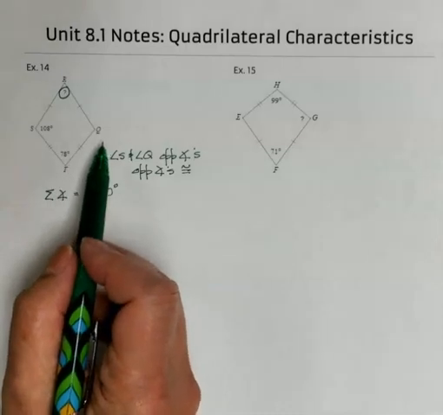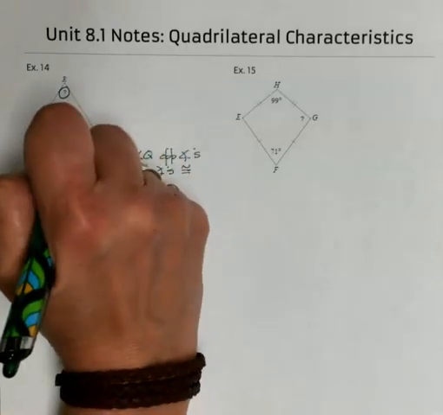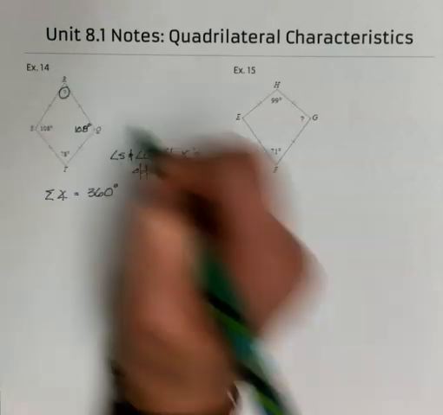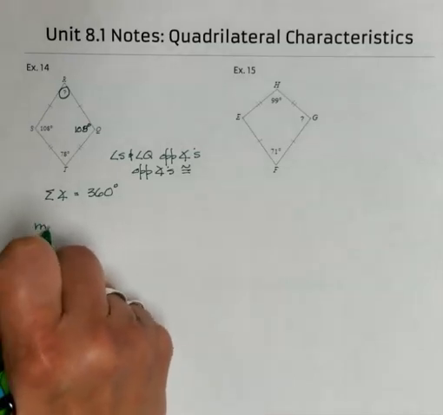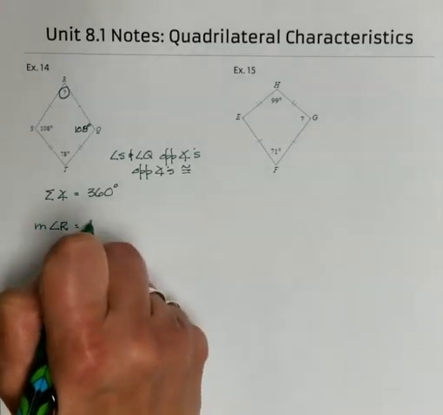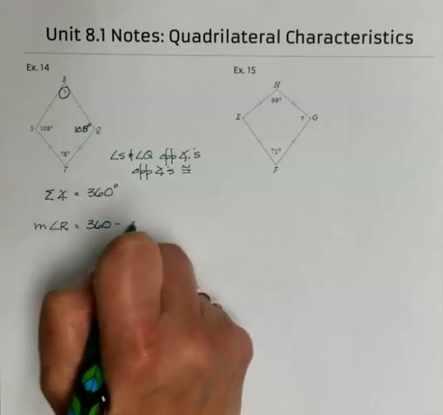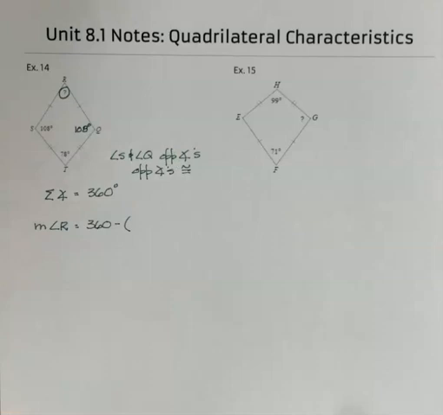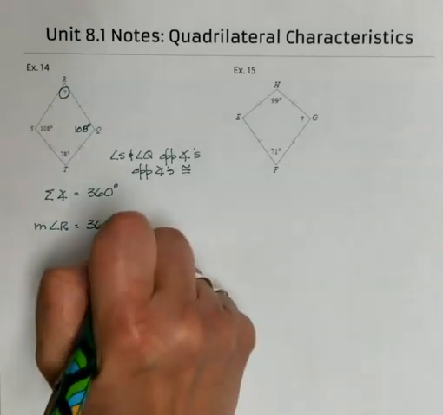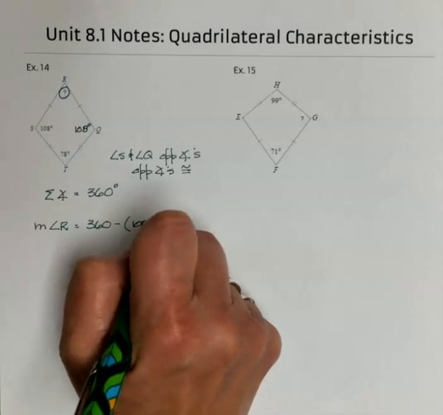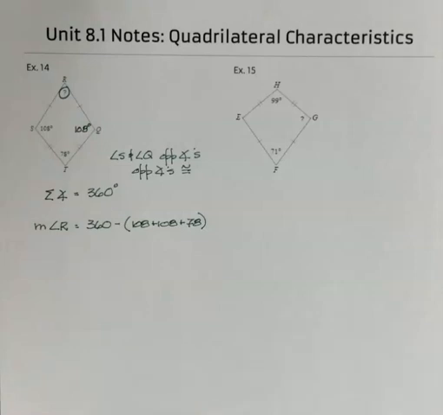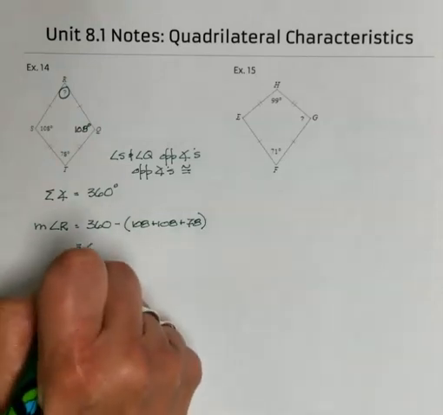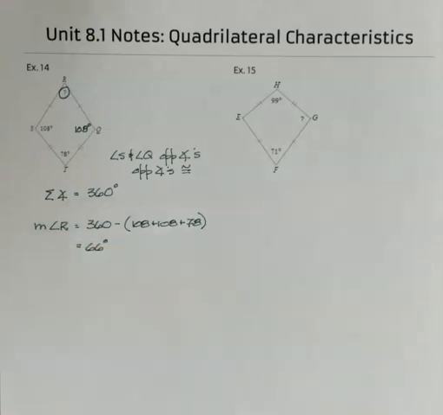So that means the measure of angle Q equals the measure of angle S, which in this case is 108 degrees. So now we can easily find the measure of angle R. We're going to take 360 and subtract the sum of the 3 other angles. We have 108 plus 108 plus 78. And you plug that in your calculator and the measure of angle R is 66 degrees.